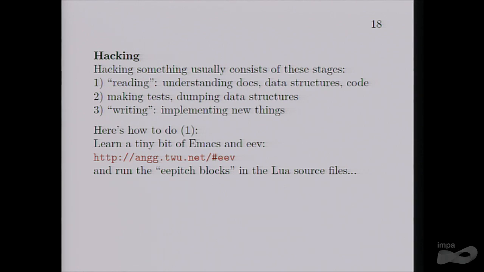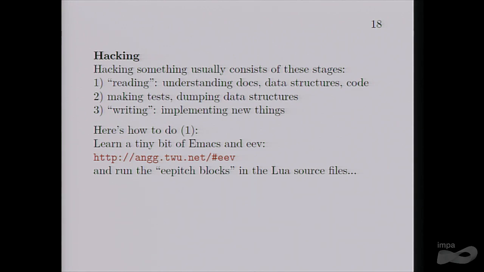You want to do some tests, and you want to see what data structures are created. And the third stage, I call it writing, which is you want to implement new things like new extensions or things like that. And here's a bit about how to do one, which I suppose is the first step for anyone interested in doing this.